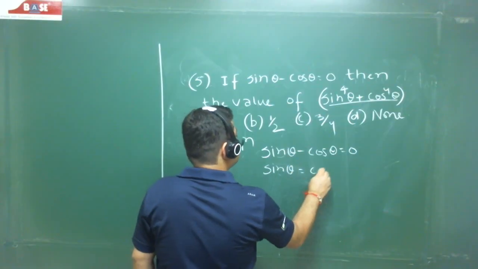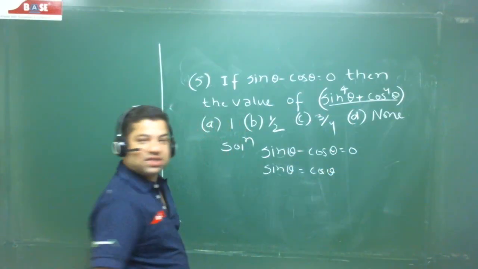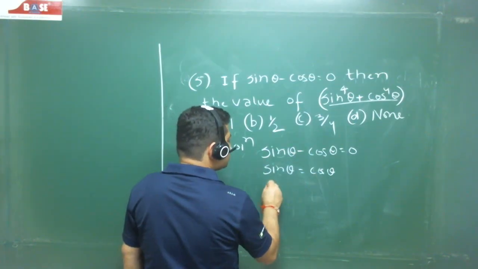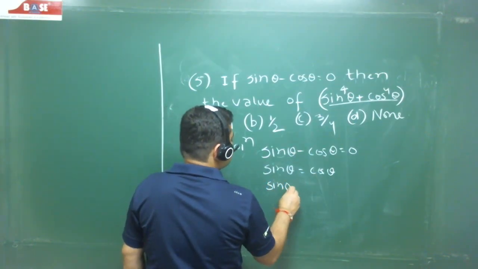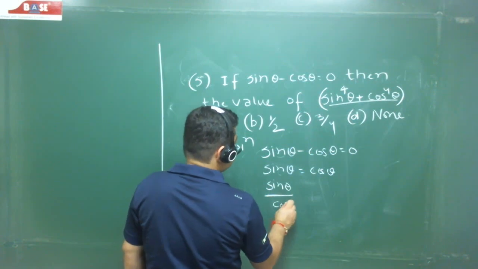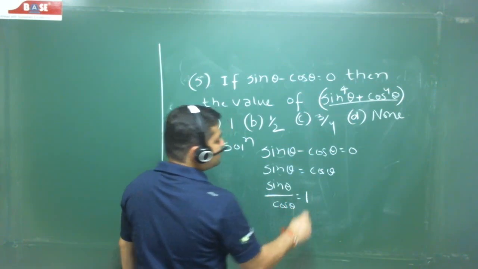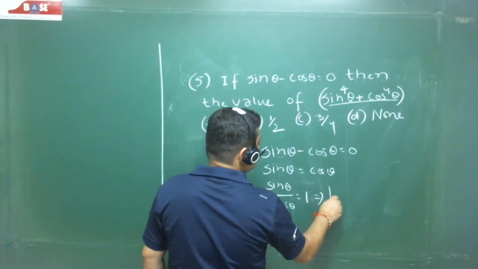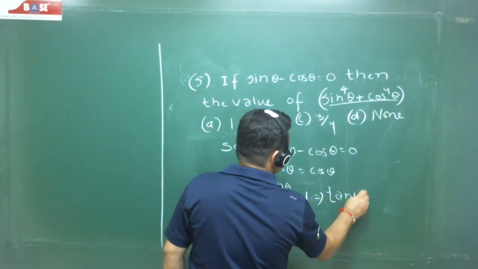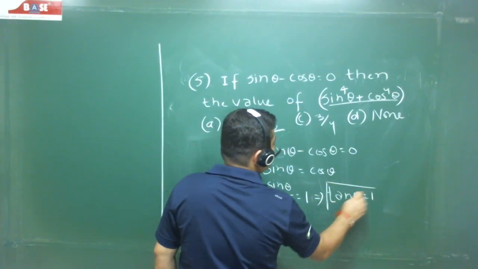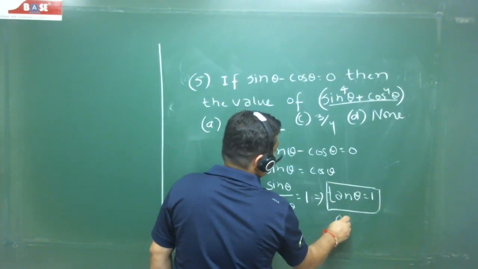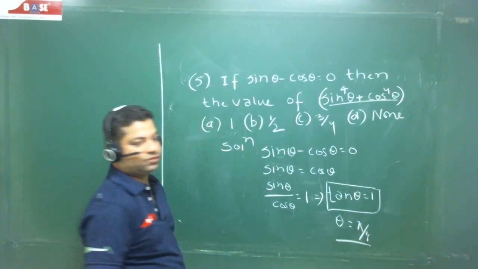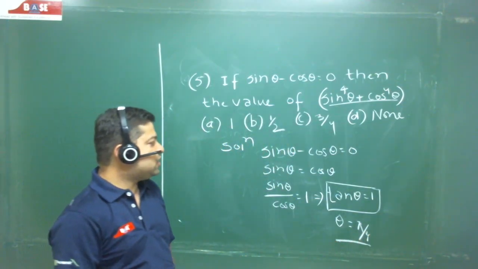So sine theta is equal to cos theta. Take cos theta to the LHS, so sine theta divided by cos theta is equal to 1, which gives tan theta equal to 1. So theta value will be pi by 4. Fine. So we got the theta value.